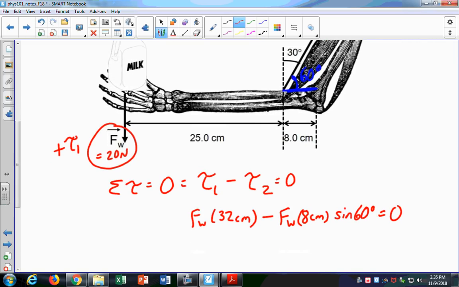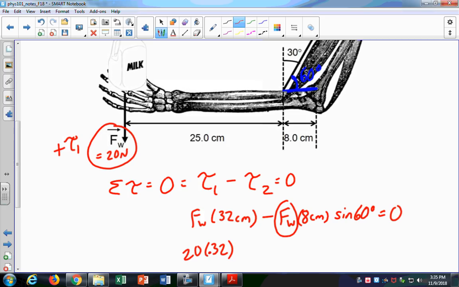And then I can solve for FB. So that's going to be 20 times 32. Notice I didn't change my units because those units are going to cancel out anyway, so I can keep that in centimeters. But if that bothers you, let's just change it to SI units.